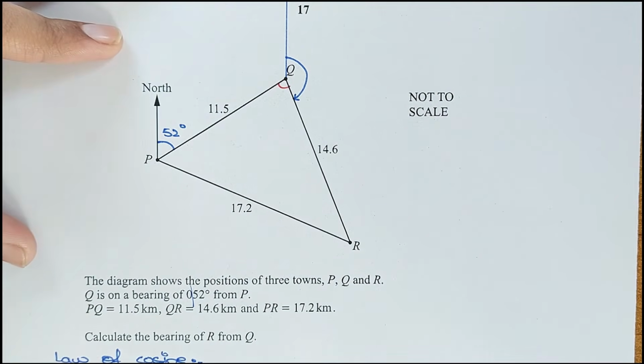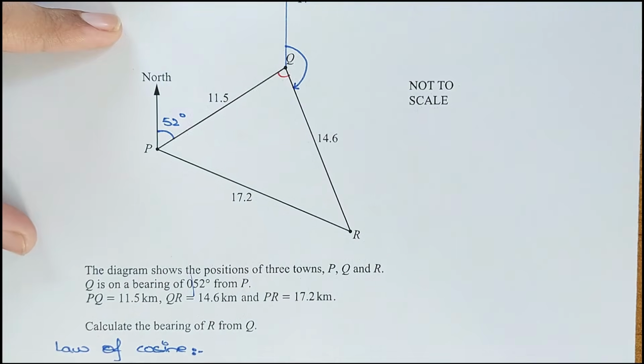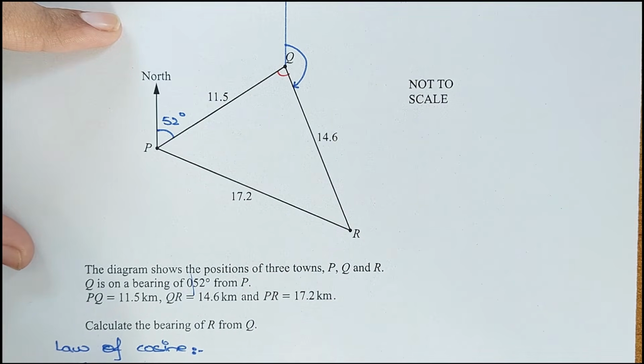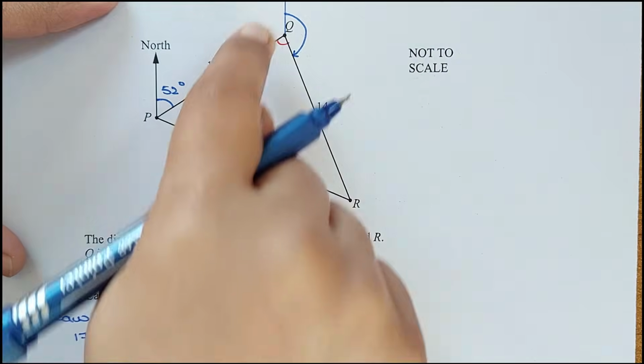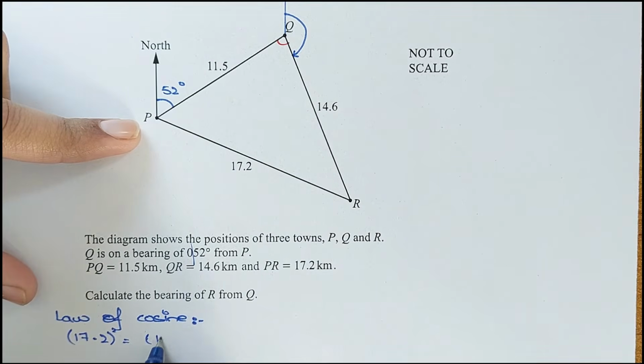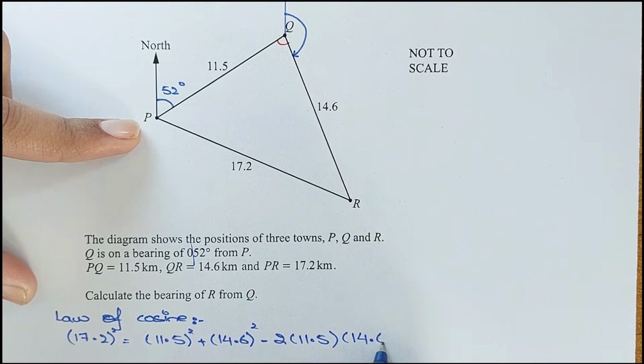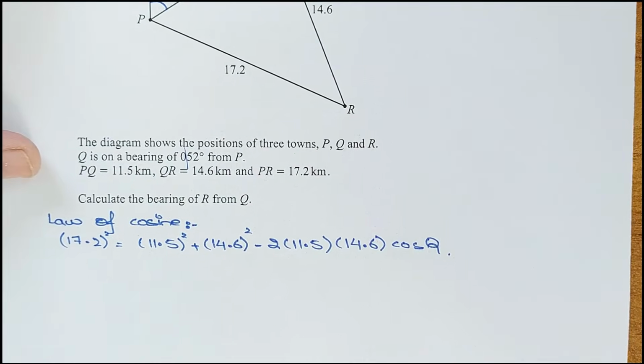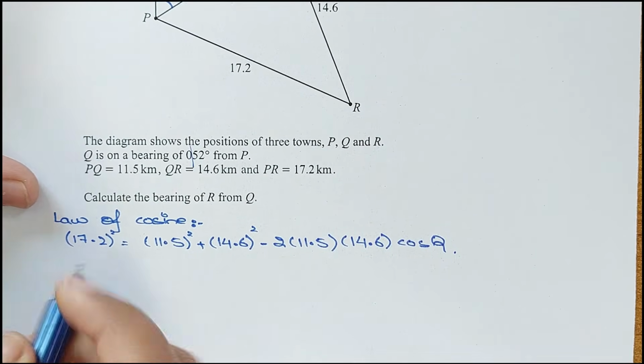Let me apply this law here. The side q is 17.2. The side q squared is equal to the other 2 sides squared, 11.5 squared plus 14.6 squared, minus 2 times 11.5 times 14.6 times cos of angle Q. Now we have to simplify this.